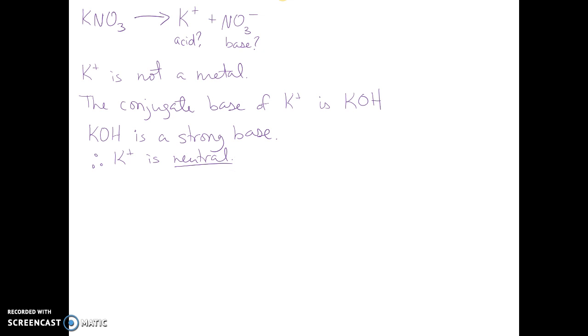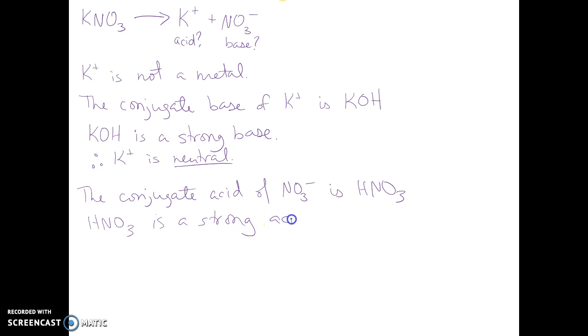Now we go on to the anion. Nitrate. The conjugate acid of nitrate is HNO3, nitric acid. Again, from our lists of strong acids, we know that nitric acid is a strong acid. Therefore, the nitrate anion is neutral.